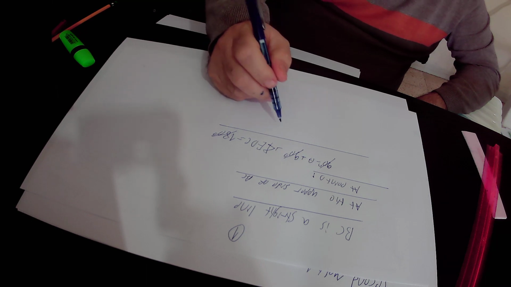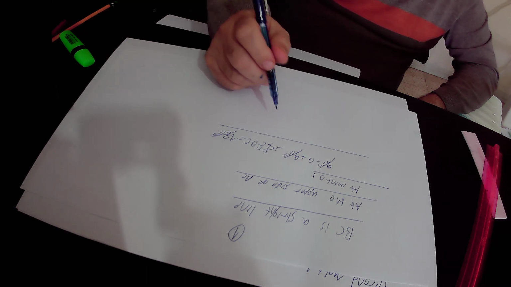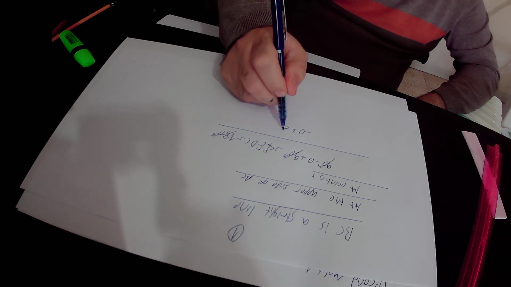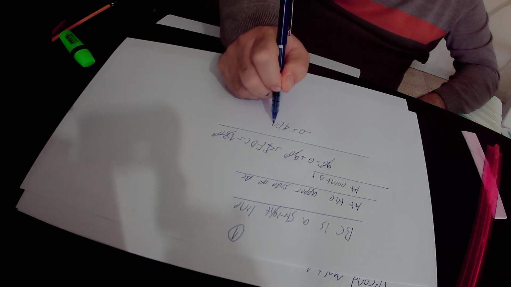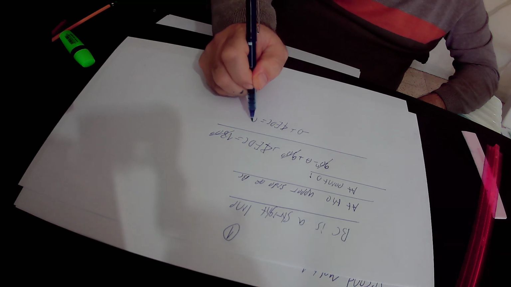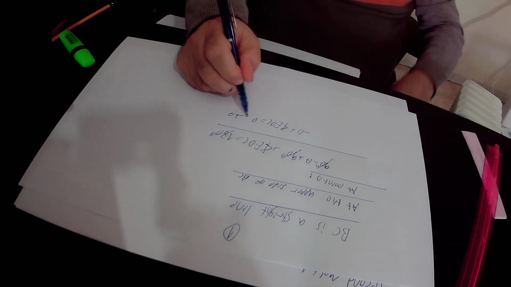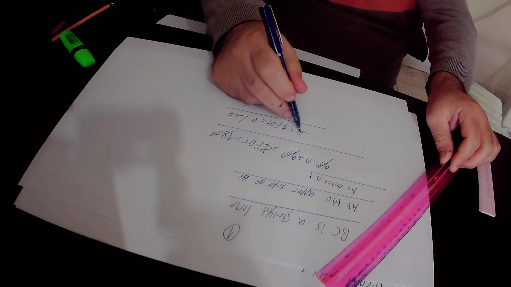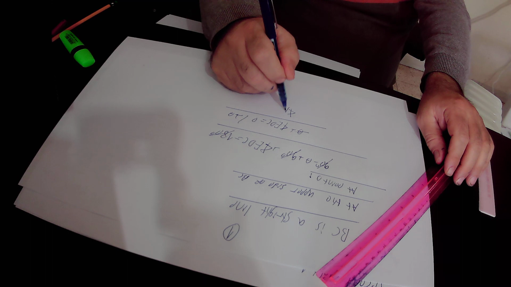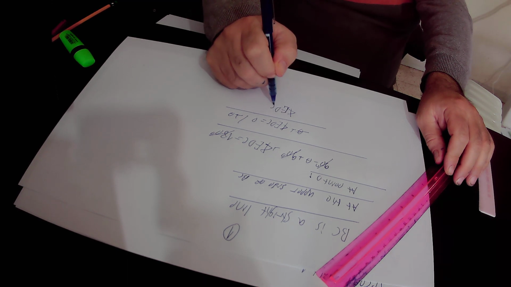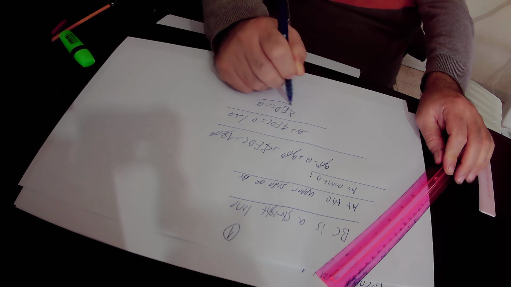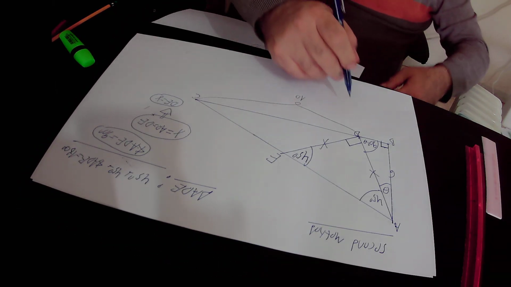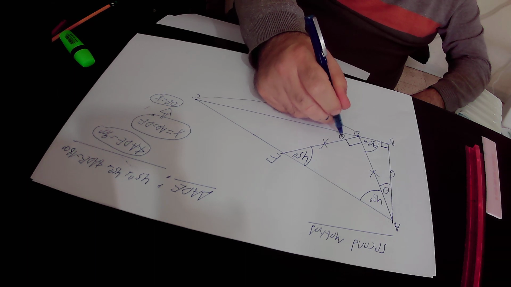And we're left only with minus theta plus the missing angle, angle EDC, equal to 0. We add theta to this equation and we get that the missing angle, angle EDC, is equal to theta. Okay, this missing angle equals theta.